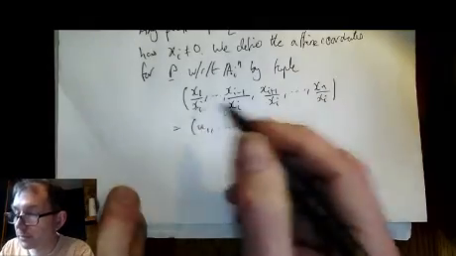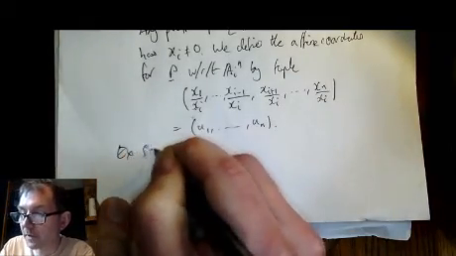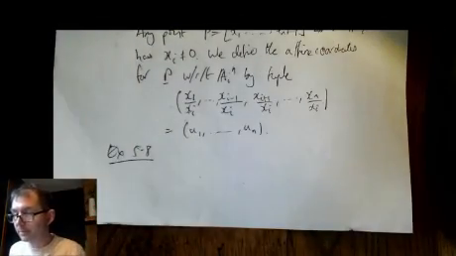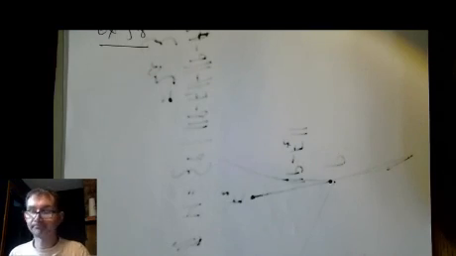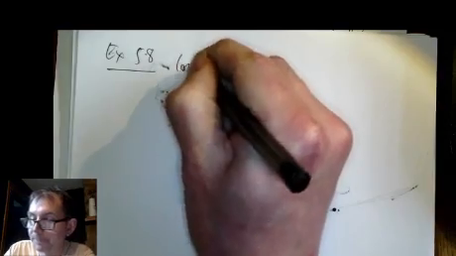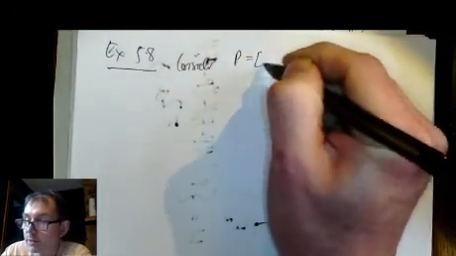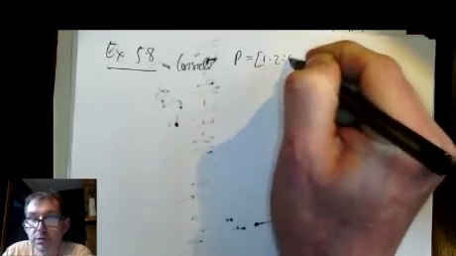Okay, so example 5.8, which let's continue on another piece of paper. Example 5.8, consider P, which is just going to be 1, 2, 0.